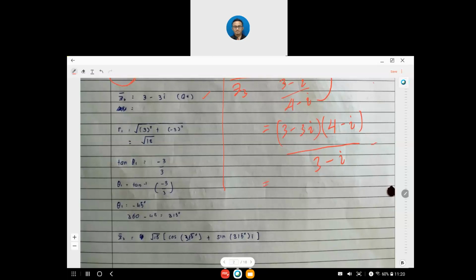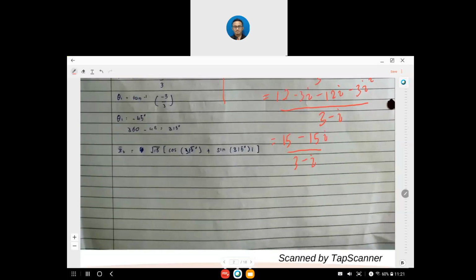Okay, when you expand the above, the value at the above ni, you can get what? 12 minus 3i minus 12i minus 3i square divided by 3 minus I. Okay, so when you solve this one, you can get 15 minus 15i divided by 3 minus I.